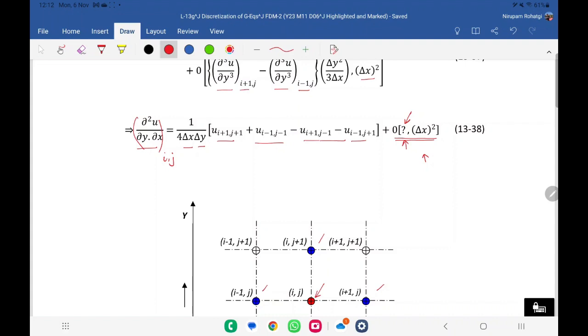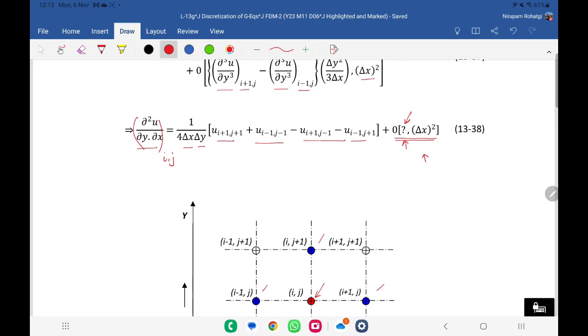Okay, in all these cases we are using Taylor series. In all these cases, first step we are doing, we are converting derivative into algebraic equation. In all cases we are using Taylor series.